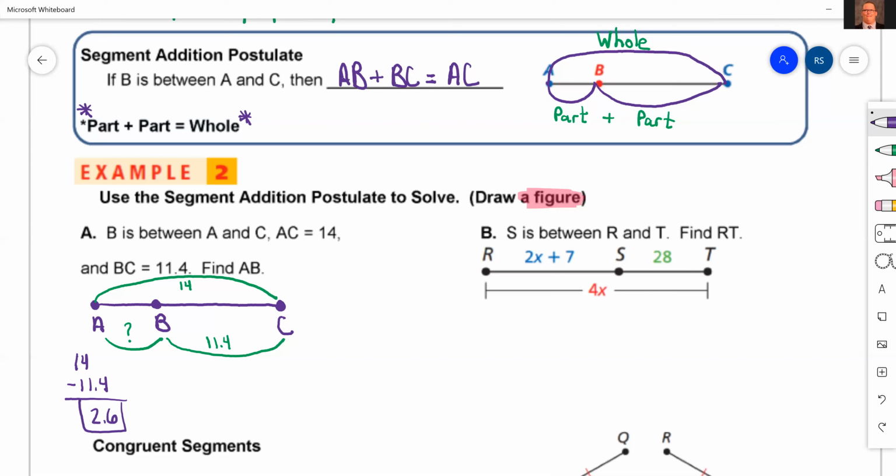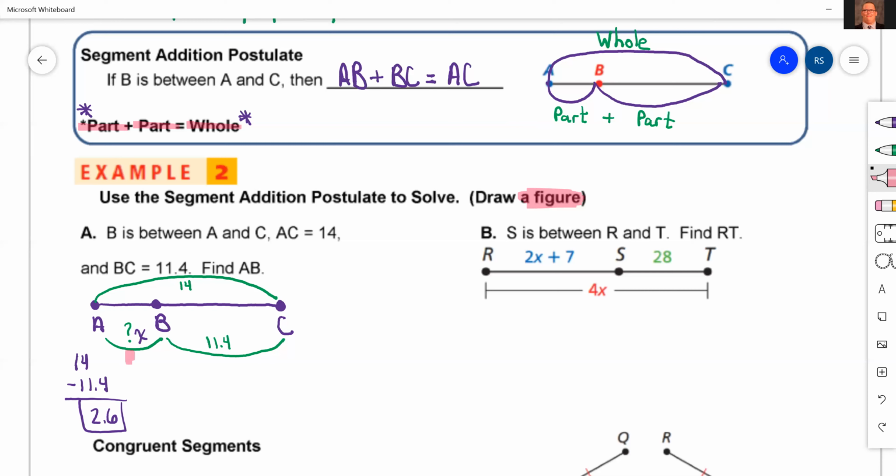But if they throw an X in there, it's not going to be that easy. So let's set up an equation. Our answer is 2.6, but let's set up an equation. Let's call this question mark X. We know up here that part plus part equals whole.